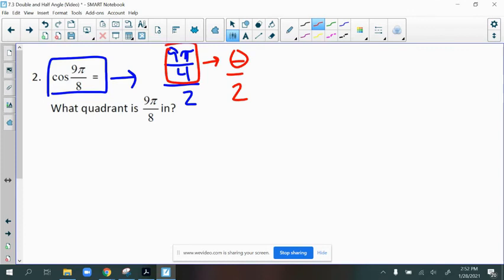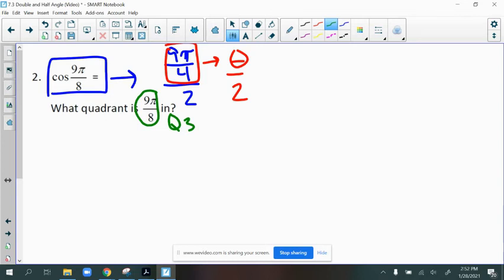9 pi over 4 is something that we know. It's something on the unit circle. So what quadrant is 9 pi over 8? The original angle, 9 pi over 8, where is that? So if you think about 8 pi over 8 would be pi, so that would be right there. So you're slightly over it with 9, so you're in quadrant 3, okay? So what I'm trying to evaluate is the cosine of 9 pi over 8.